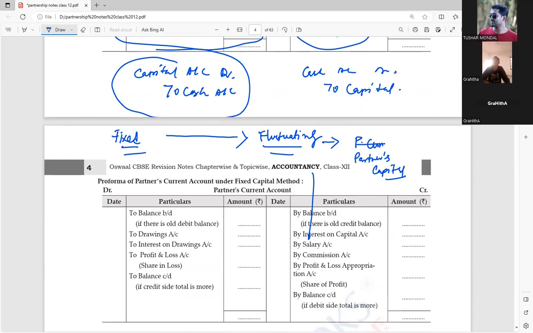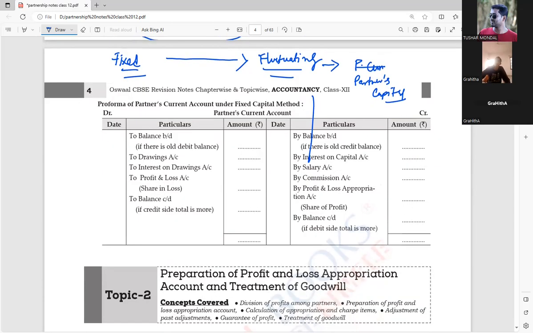Now we are going to see the current account. Whatever other things we saw in the partners' capital account under the fluctuating method, all those things will come here. What are the things? The balance brought down is what we'll see.